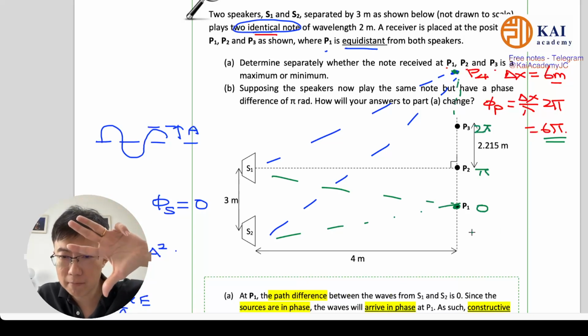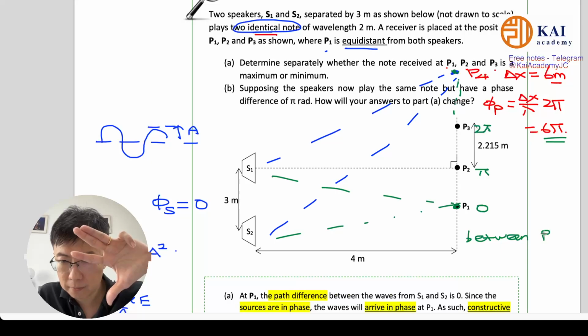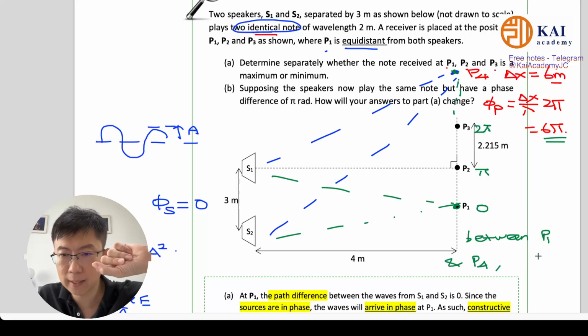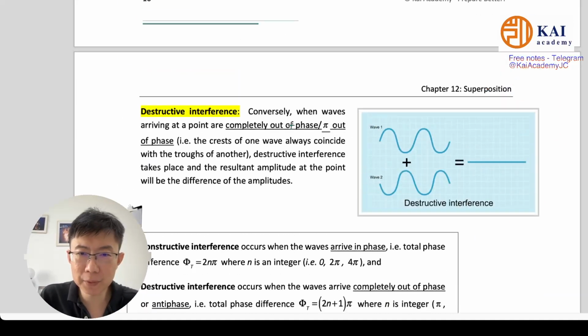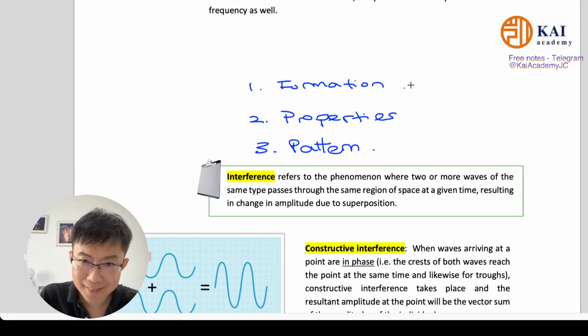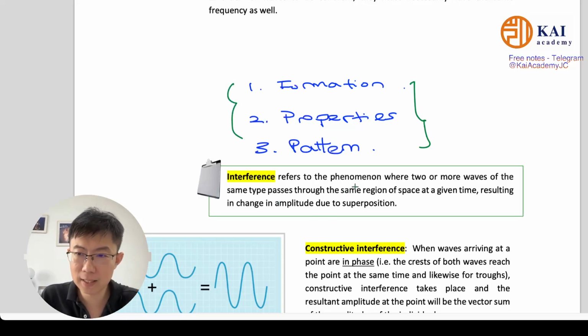So what that means is between P1 and P4, we can conclude that there is pi, 3 pi, 5 pi, so there will be 3 minimas observed. Those are the 3 question types that you must be familiar with whenever we are dealing with interference type questions.